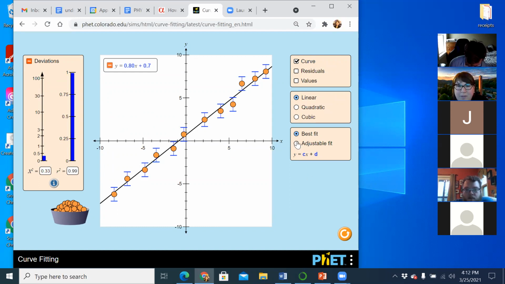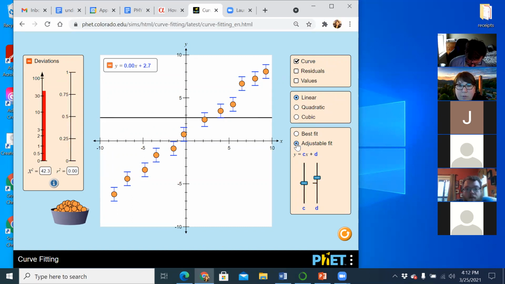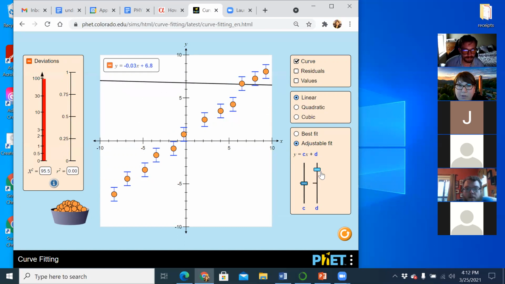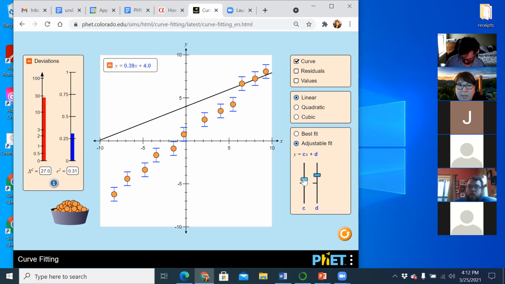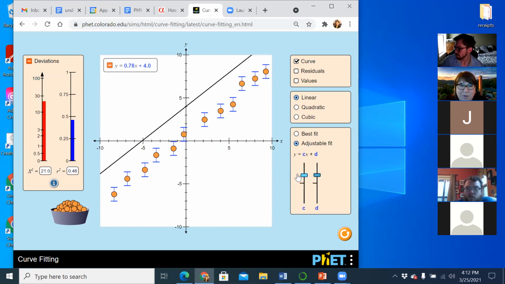So what's fun about this, besides that I can just do what I already did, is that instead of doing a best fit, I can adjust the slope of my fit line. And I can manually adjust my y-intercept. This is so fun. So I can try to tilt my line to make it the best fit, as parallel to that line going through the points as possible.